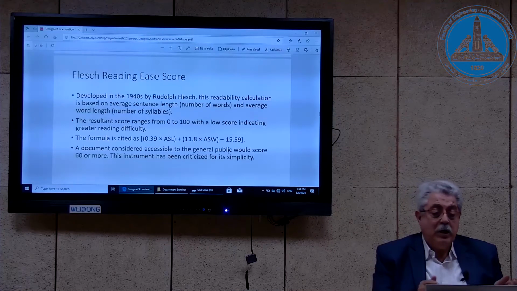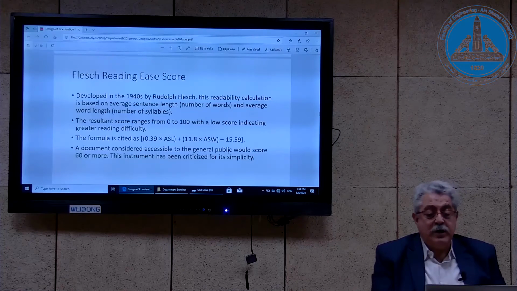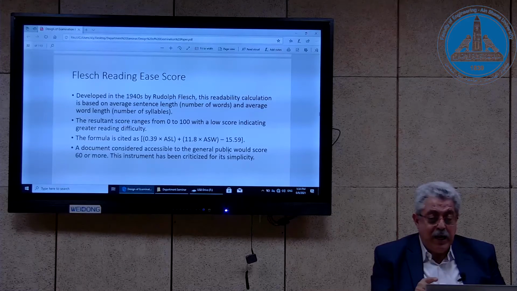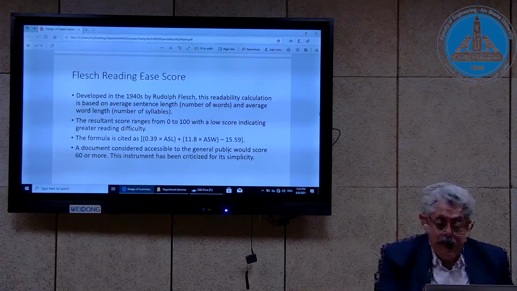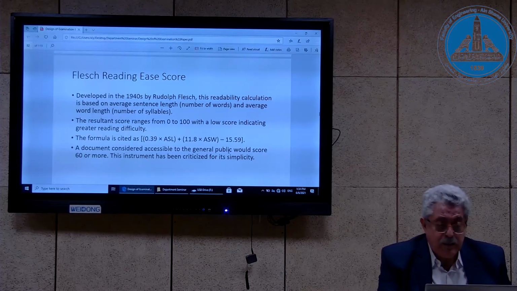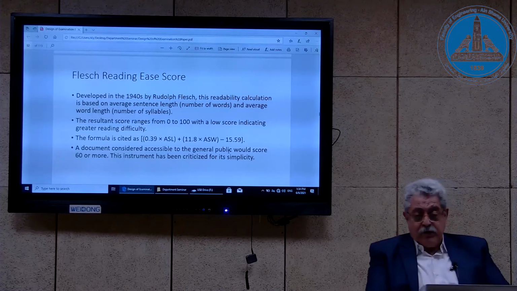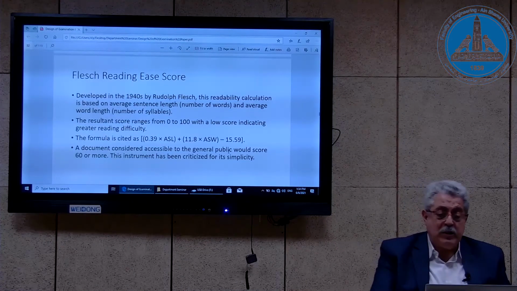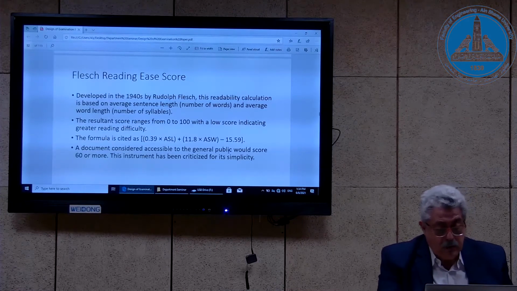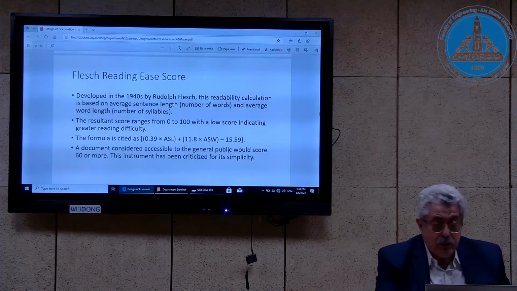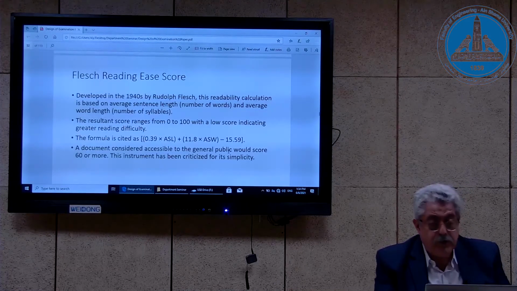Therefore, when it was 10, 20%, it is very difficult to read, but 90, 100% is very easy to read. The definition of ASL and ASW will be described when we go to the part of how Microsoft Word handles this measure of readability. A document considered accessible by the general public should score 60 or more. But this particular measure is criticized for its simplicity.